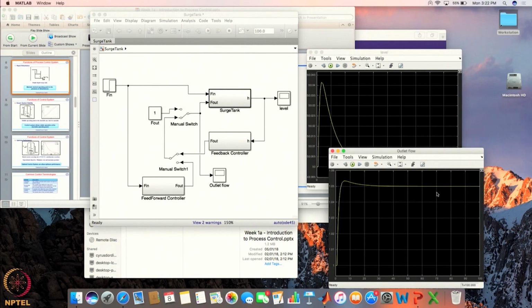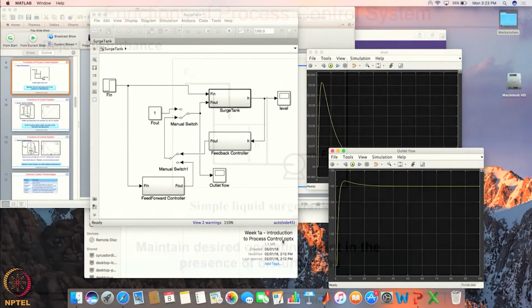So by implementing a control system, we have been able to reject the effect of disturbance. The effect of disturbance was to either make the tank overflow or drain out, and that effect has been rejected by implementing a control system.